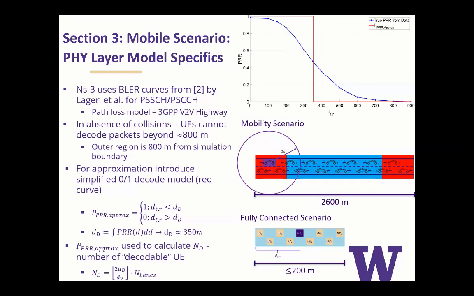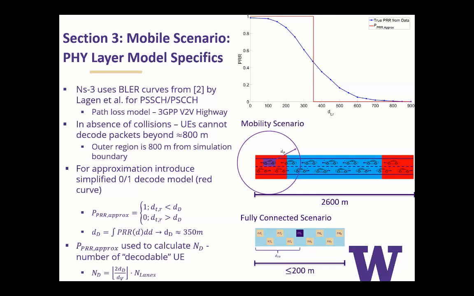Next, we're going to show the logic for the bounds of the variables we used in terms of dV, the distance between UEs, which is the stand-in for UE density, and speed V. To do that, I'm going to use a simple model for decoding where if two UEs are less than a decode distance DD apart, then they can decode each other's packets with probability 1, and 0 otherwise, in the absence of interference.